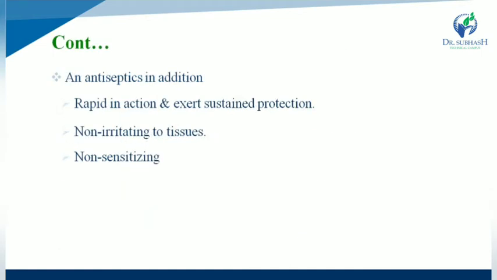An ideal antiseptic, in addition, is rapid in action and exerts sustained protection, while it is non-irritating to the tissue and non-sensitizing in nature. That is regarding characterization of antiseptics.